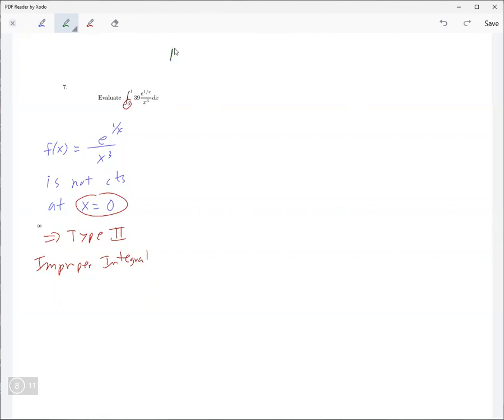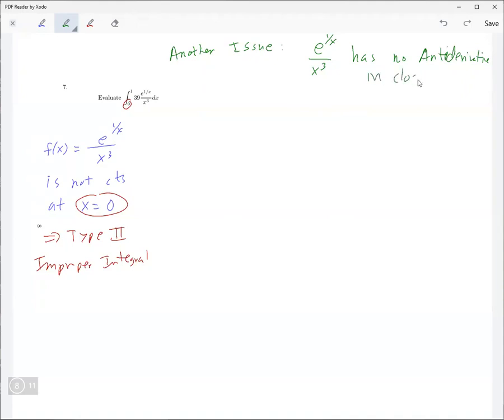Another issue is that e to the 1 over x cubed has no antiderivative in closed form.